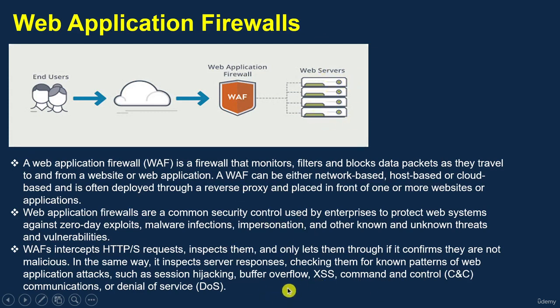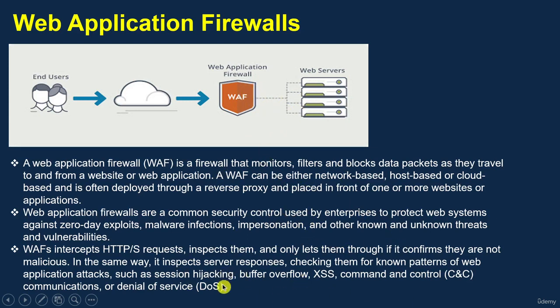For example, SQL injection means injecting a SQL query via the input data from the client to the application, and a successful injection exploit can read sensitive data from the database. Also, they can modify data once the injection is successful. Those kinds of attacks will be prevented using this web application firewall.